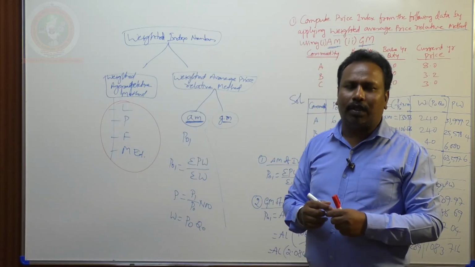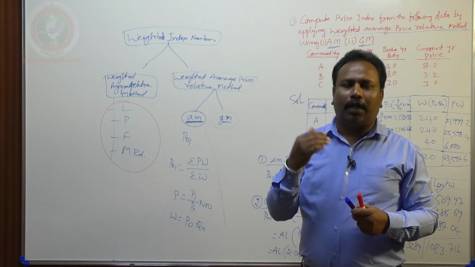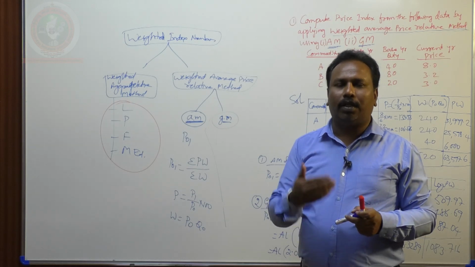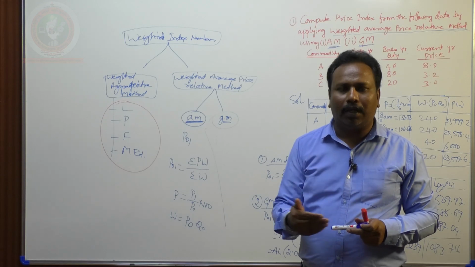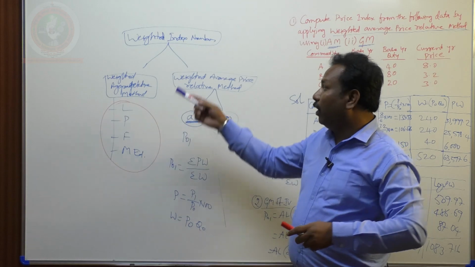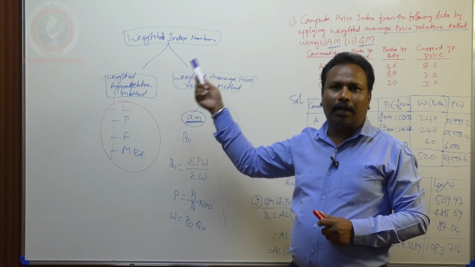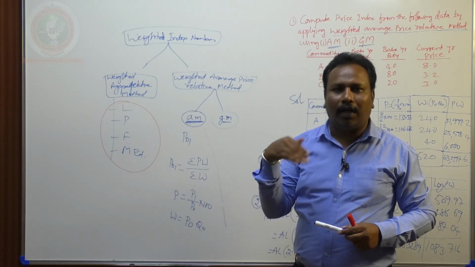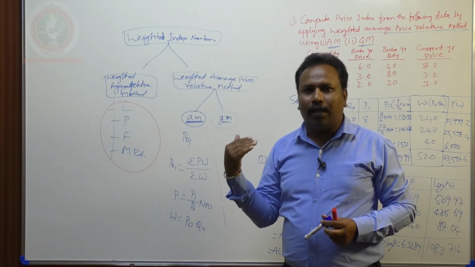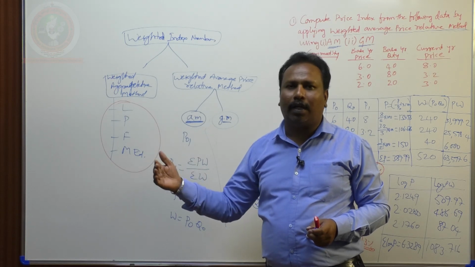As per your syllabus, the theoretical information covers the meaning and definitions of index number, uses, advantages, and various methods of index number. Under the various methods, there are the simple index method and weighted index method; under simple index, the simple aggregative method and the simple average price relatives method.